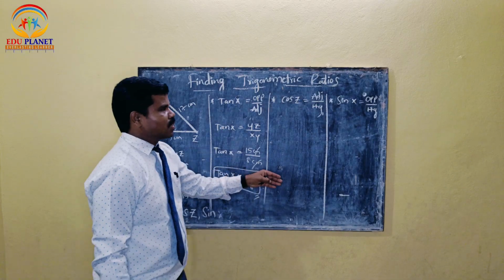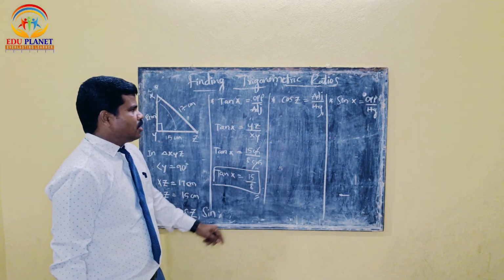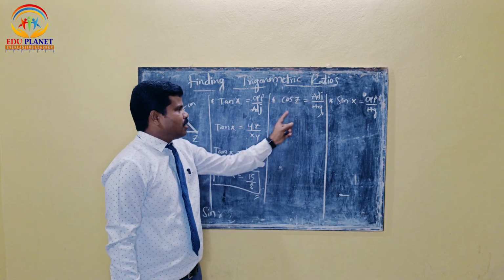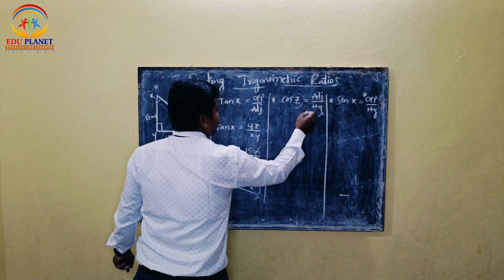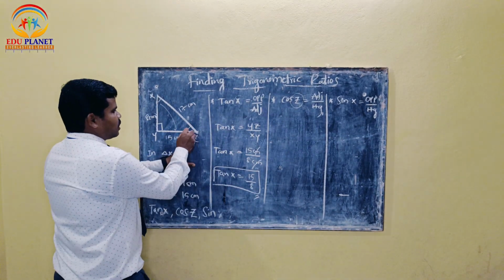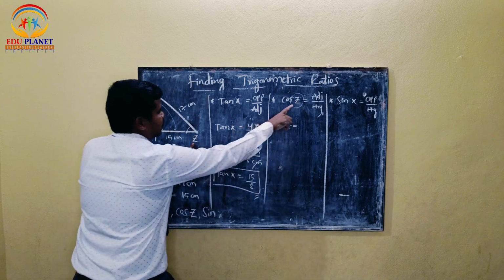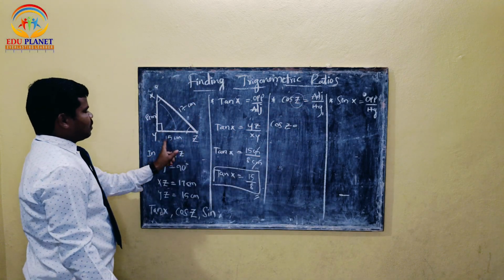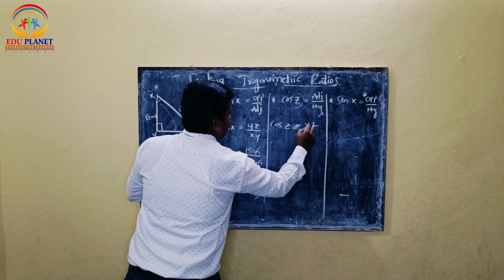Cos Z is also the same, and sin X we have to solve in the same manner. When we are finding cos Z, by considering angle Z, we need to choose the adjacent side and hypotenuse. For angle Z, what is the adjacent? The adjacent is YZ, by hypotenuse.